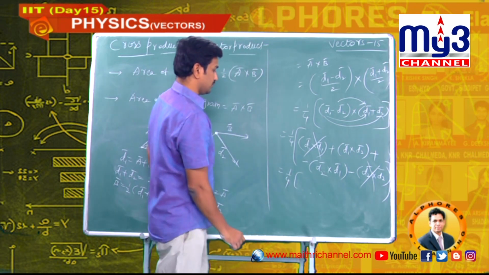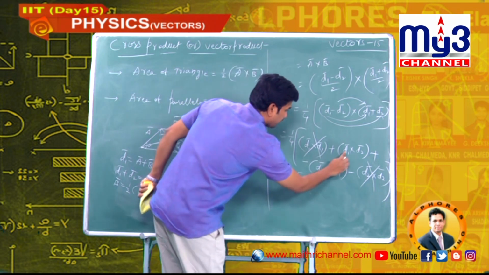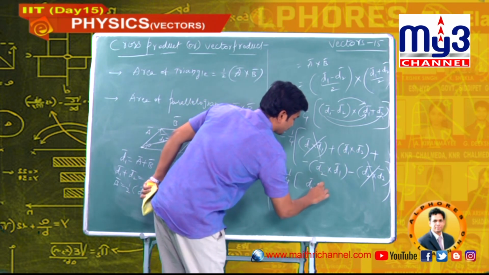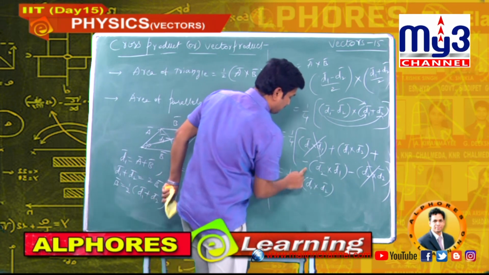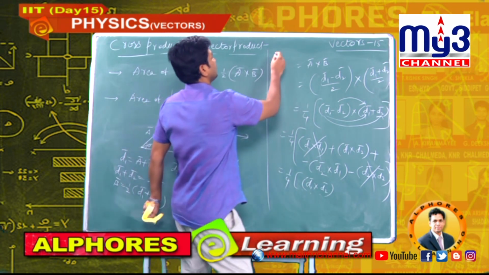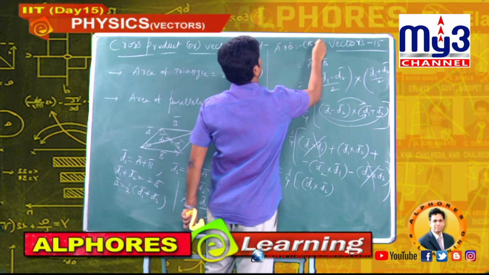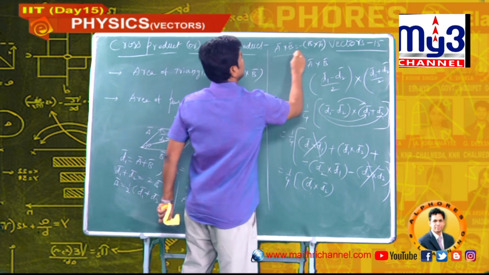What will I get here? D1 bar cross D2 bar, first one as it is. See, minus of D2 cross D1, you know the condition: A bar cross B bar is equal to minus B bar cross A bar. Yesterday we proved it.